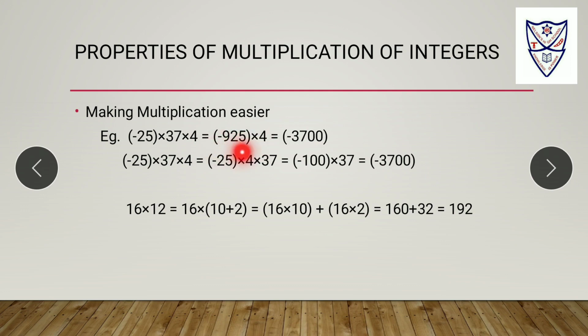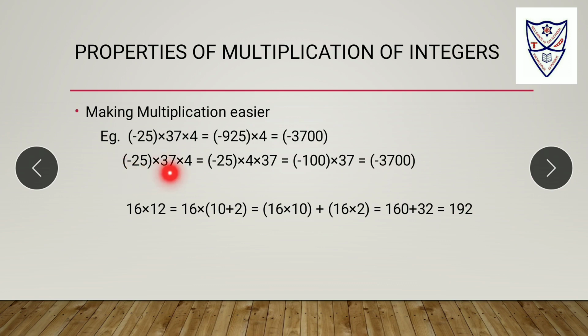And minus 925 multiplied by 4, that also we have to do in the notebook. So we will get minus 3700.